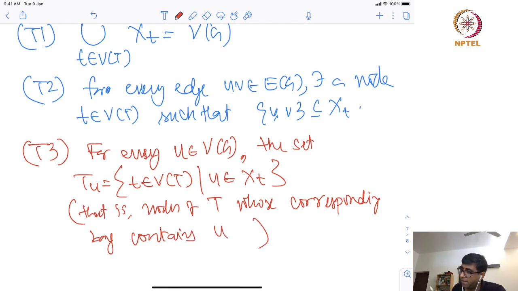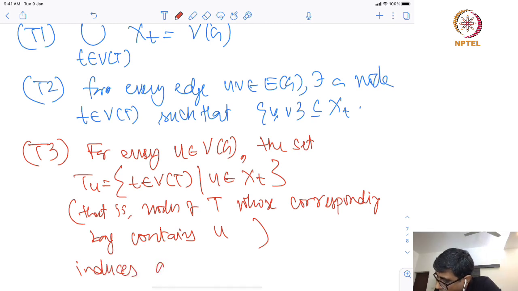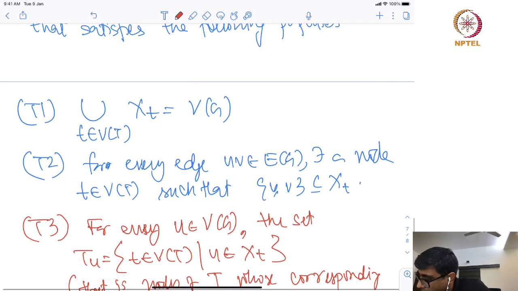So, for every vertex u, the set T_u induces a connected subtree of T. So, what is the meaning of this?